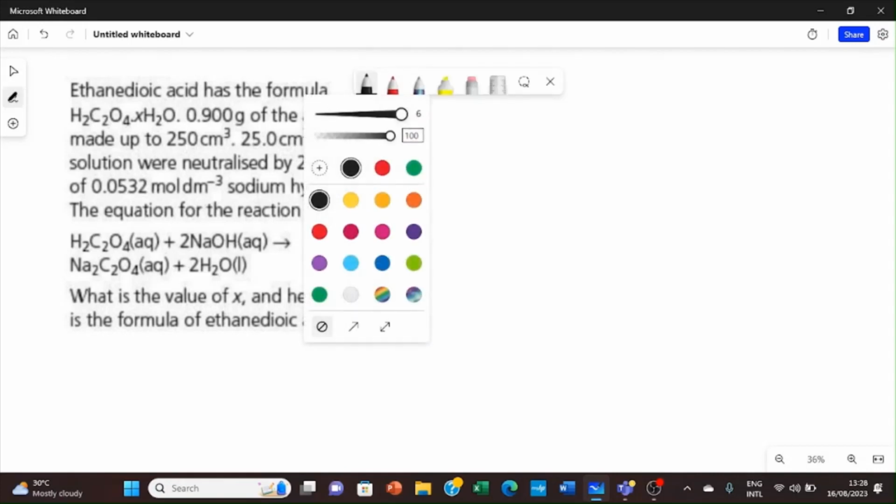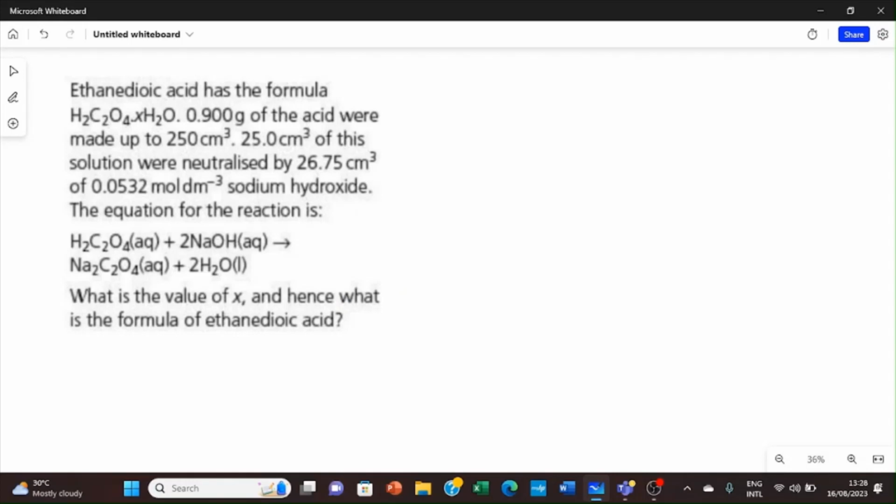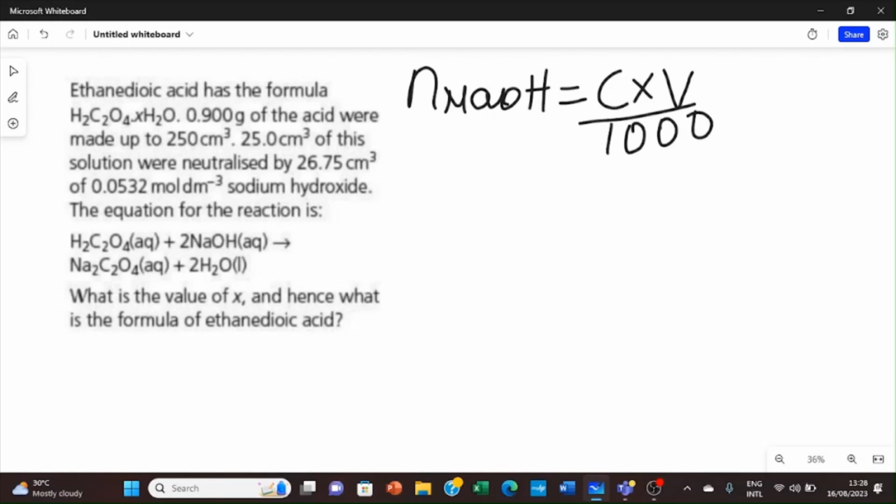So the first thing we have to do here is to calculate the number of moles of sodium hydroxide, because we are given the volume of sodium hydroxide and the concentration in mole per dm cube. Number of moles of sodium hydroxide will be equal to concentration multiplied by the volume divided by 1000.